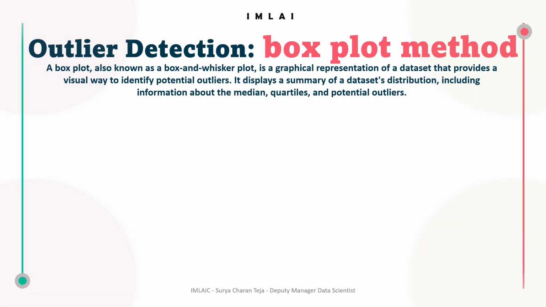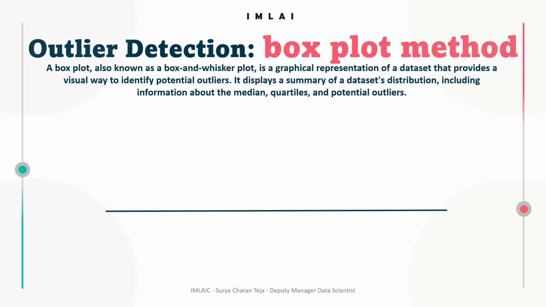Let's have a look at how a box plot looks and how it works. Let's take some data points and plot them on a scale from minimum to maximum in ascending order.